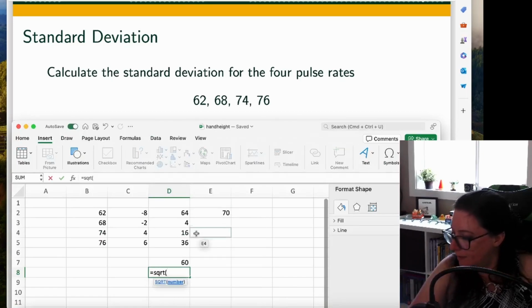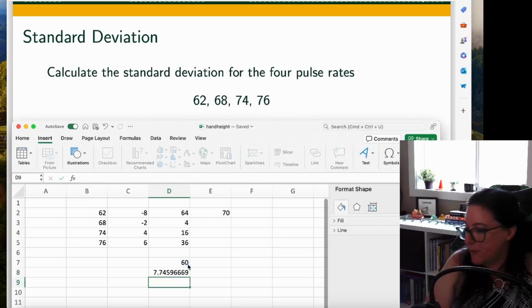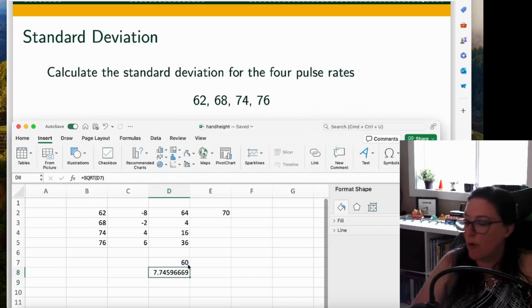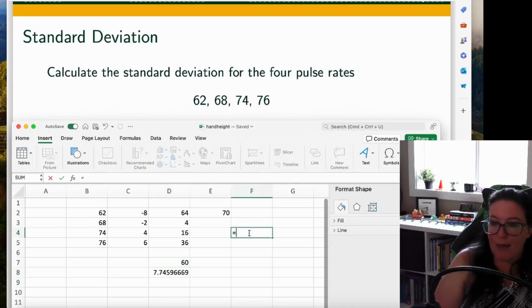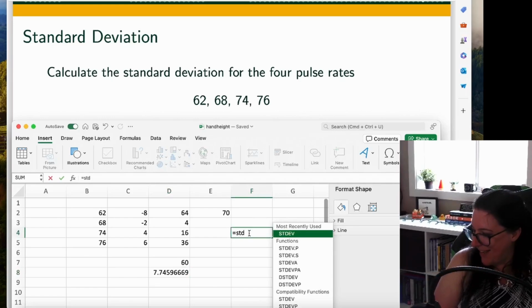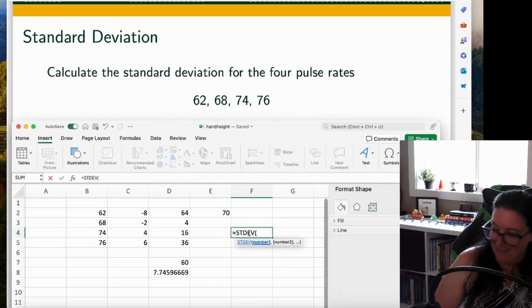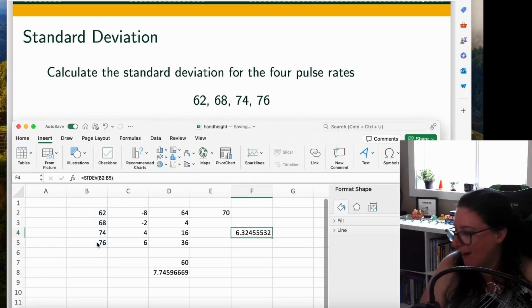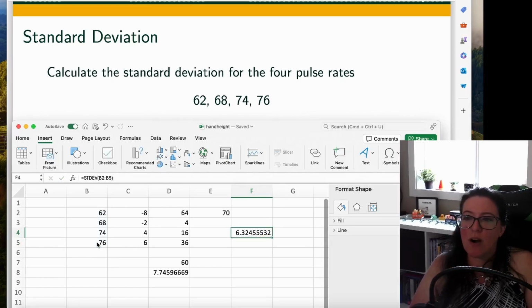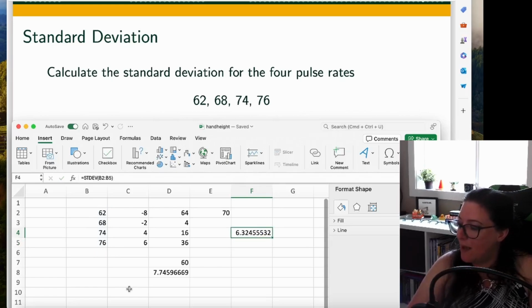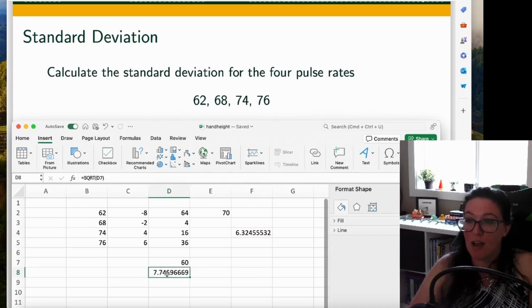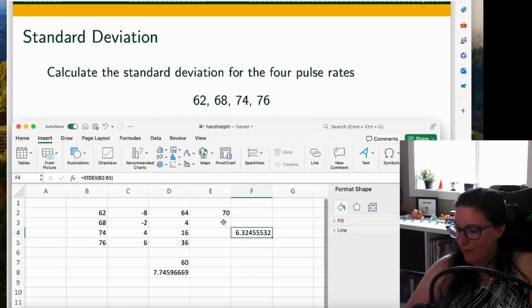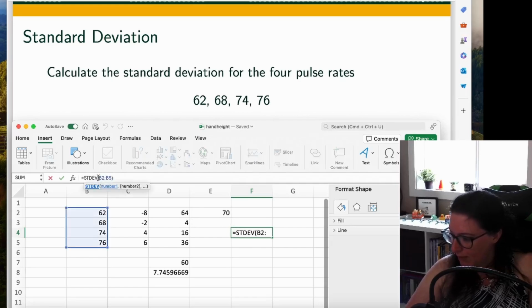SQRT. That's a lot of steps. We get 7.745. Now, you can just have Excel tell you the standard deviation of your numbers. Notice that these are slightly different, and that's because this is the standard deviation of the sample and this is the standard deviation of the population.